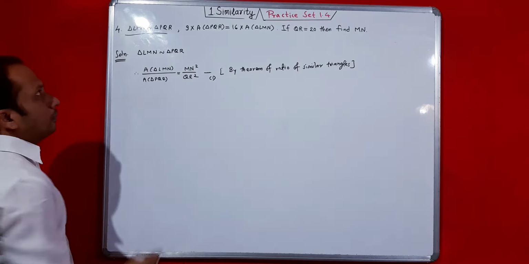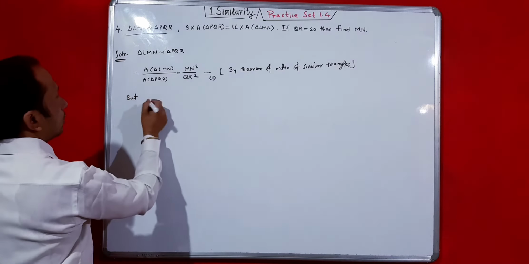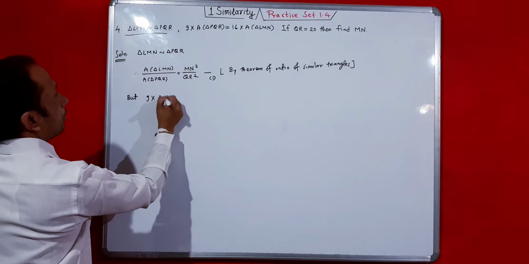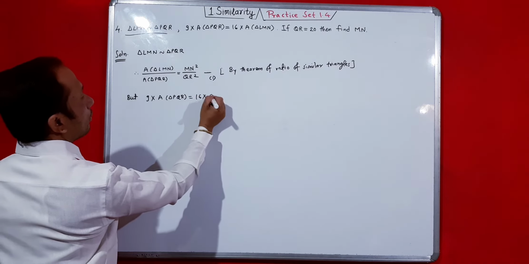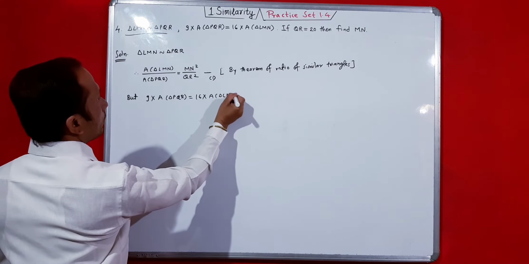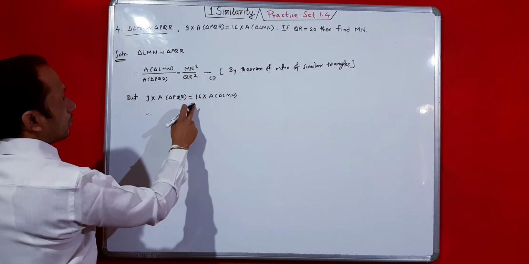But what is given there? 9 into area of triangle PQR is equal to 16 into area of triangle LMN is given. Therefore I will rearrange this. Now what will I get?